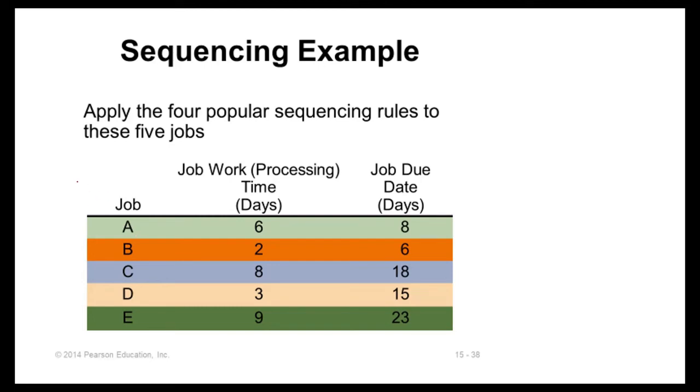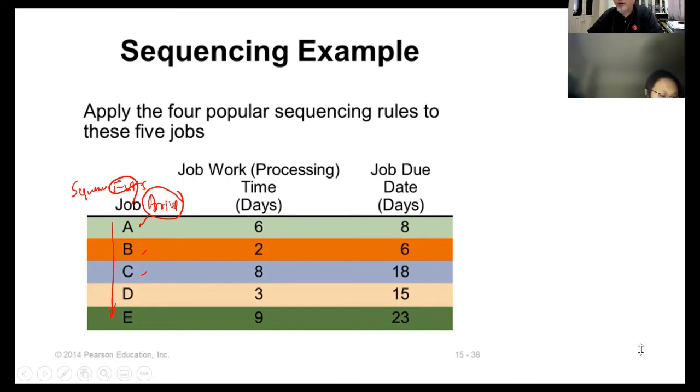This is the so-called sequence of first come, first serve, basically. Job A came first, next job B. So this is the sequence of arrival, job arrival, or order arrival. You understand the concept that this is how the jobs actually arrive, or how the orders came in.